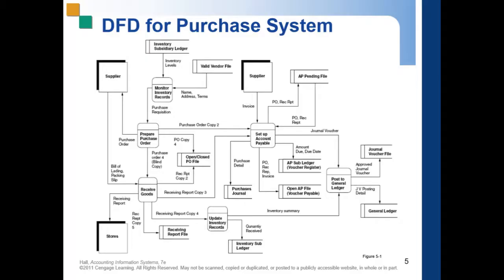Now, after nakahatag na kag purchase order sa imong supplier, your supplier does the sales order process nato in our previous chapter. Now, what will be received by the company is the bill of lading and the packing slip.